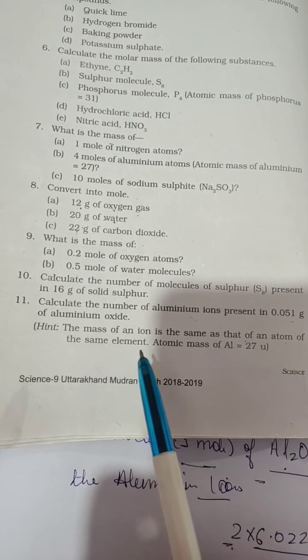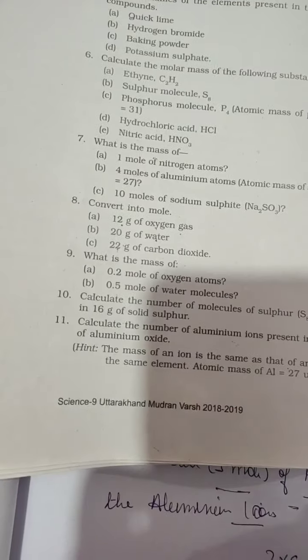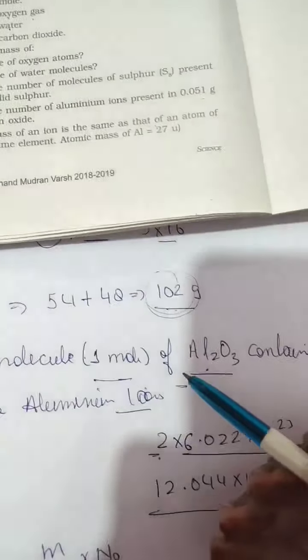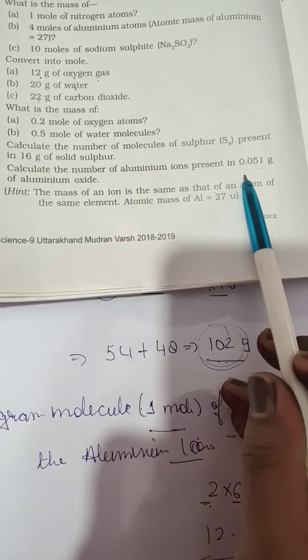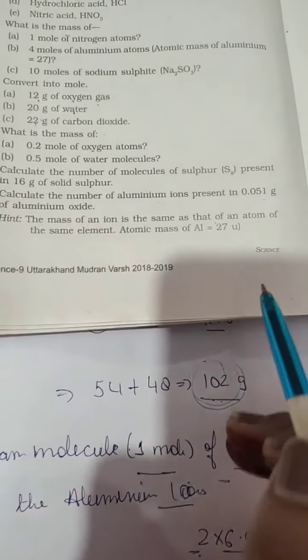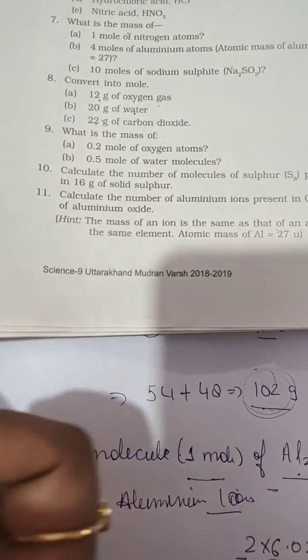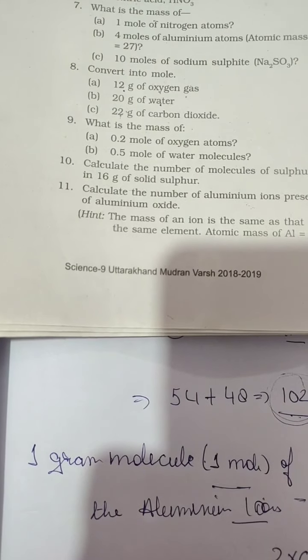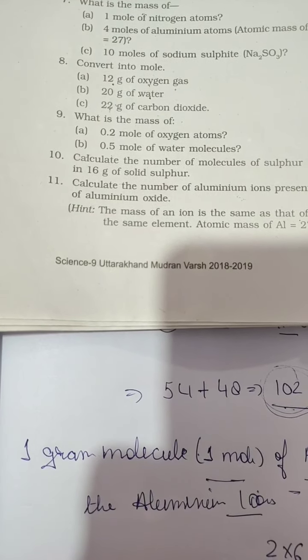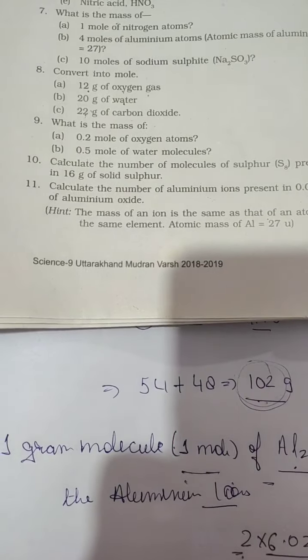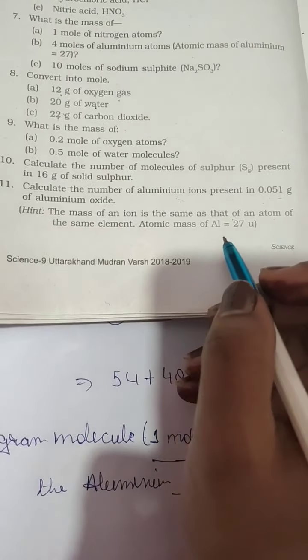So we have to find the molar mass of aluminium oxide, which is 102, which we have done. Then small m is given, so small m is 0.051, and capital M is 102. We know the Avogadro number is fixed, but we have to multiply it by 2 because there are 2 ions of aluminium. So this is the answer.